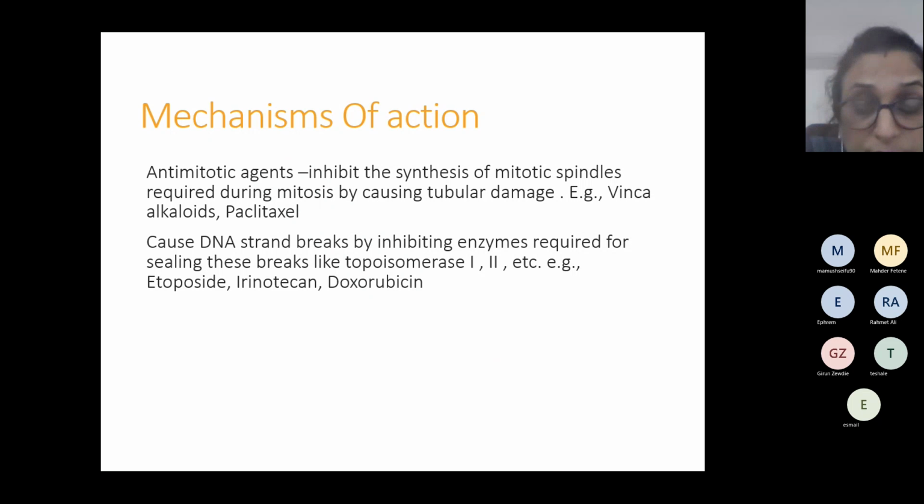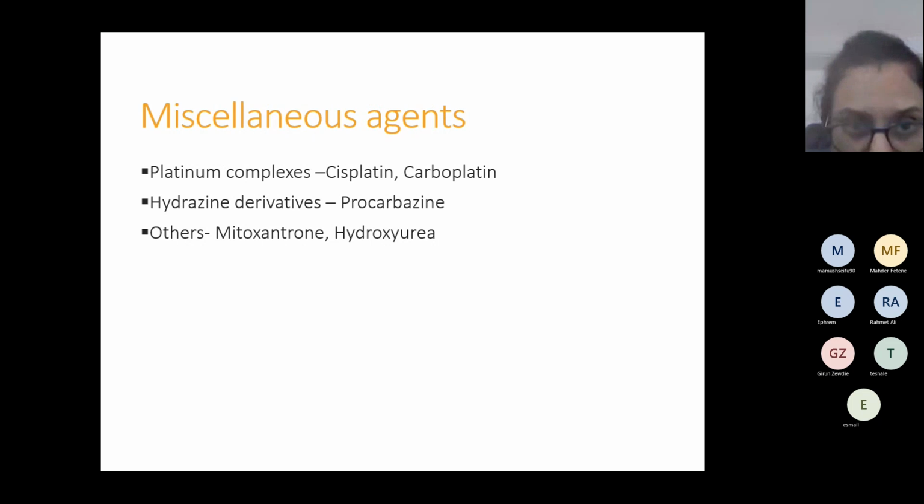Some of these plant products can cause DNA strand breaks by inhibiting the enzymes which are required for DNA synthesis like topoisomerase 1 and 2, and because of this the DNA synthesis will not take place. So these drugs are like etoposide, irinotecan, and doxorubicin.